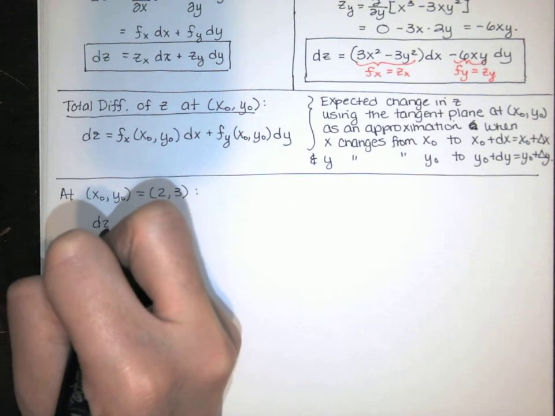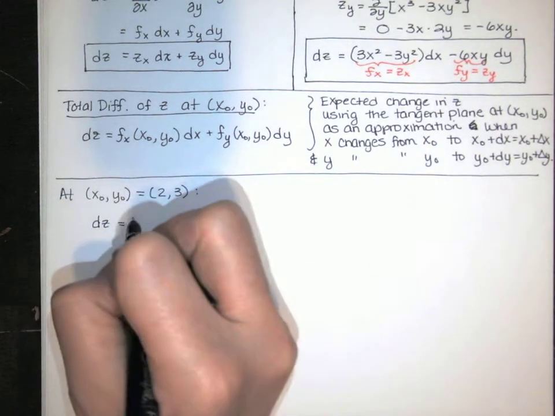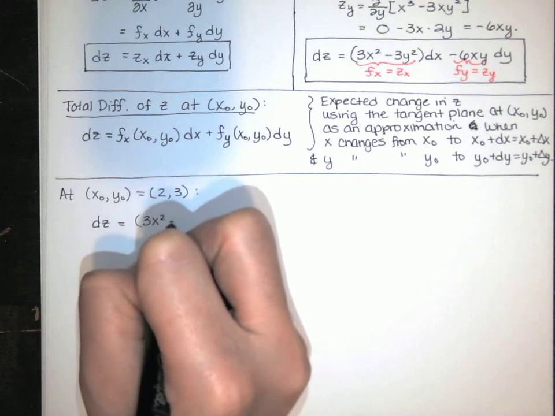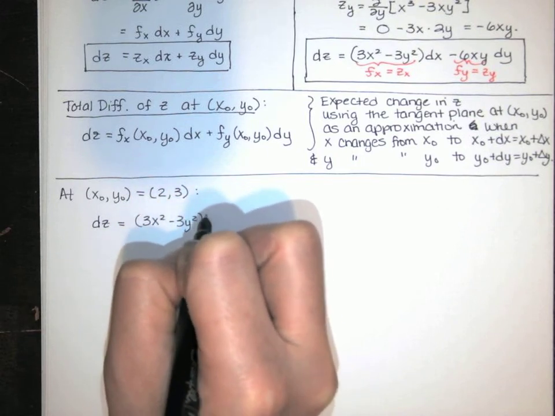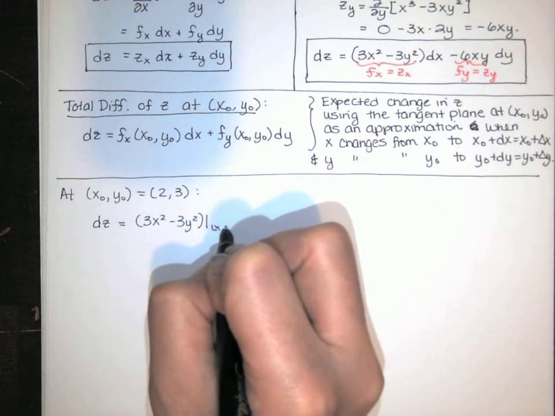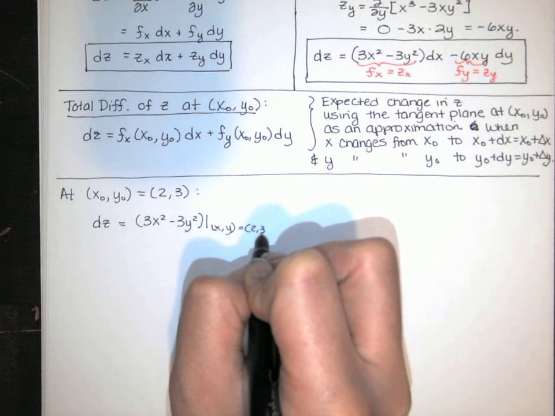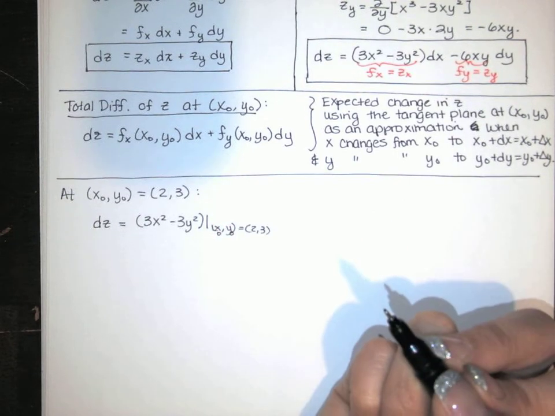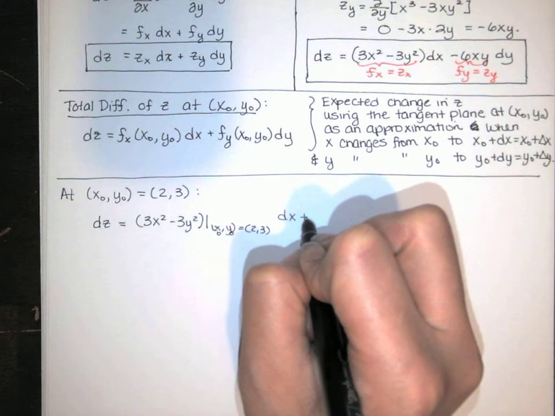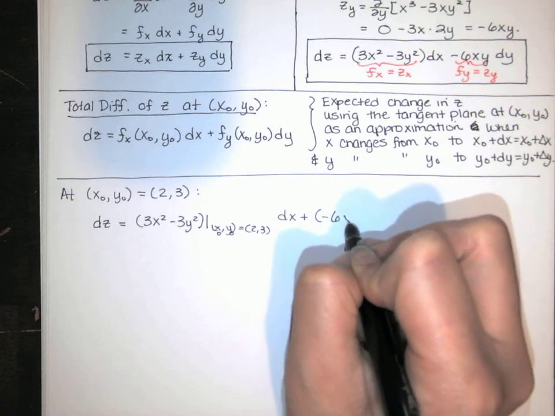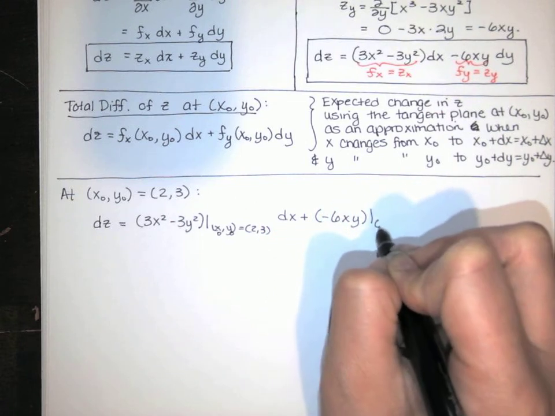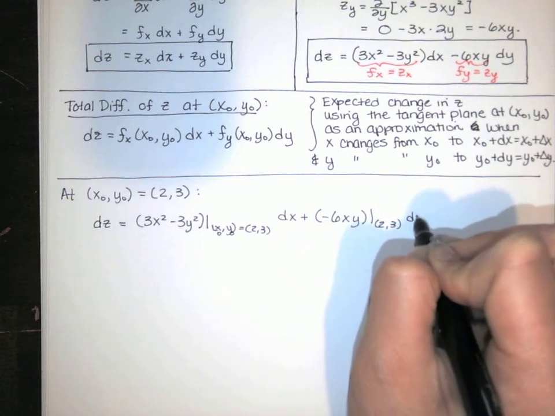We'll have the differential of z is 3x squared minus 3y squared, evaluated at x, y equals 2, 3, or you can call that x naught, y naught equals 2, 3, that's fine, times dx, plus negative 6xy, evaluated at 2, 3, times dy.